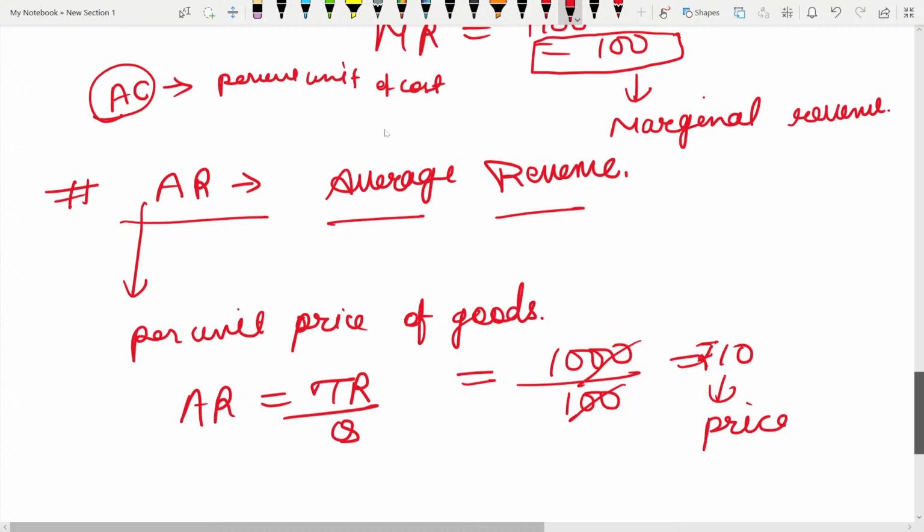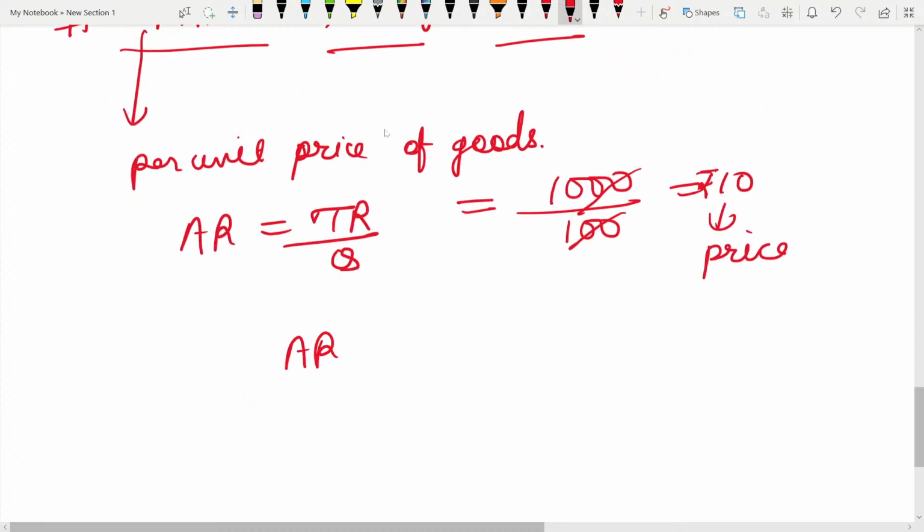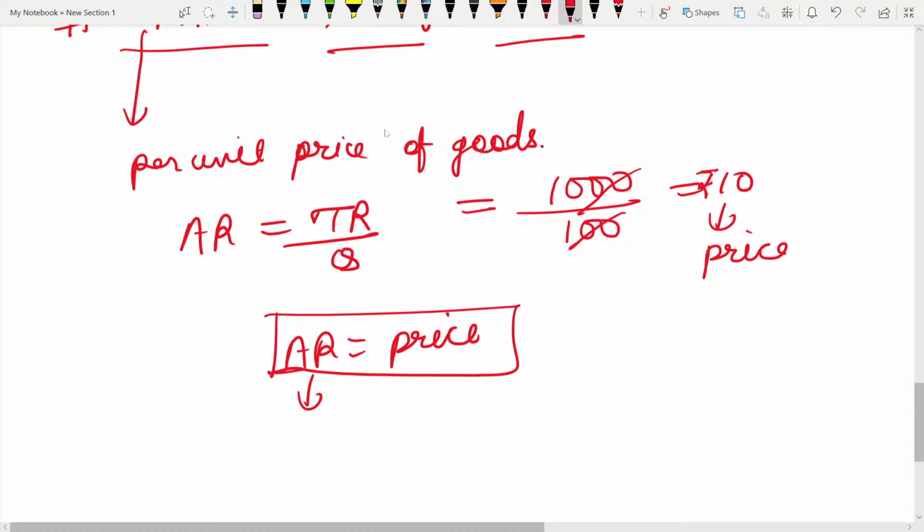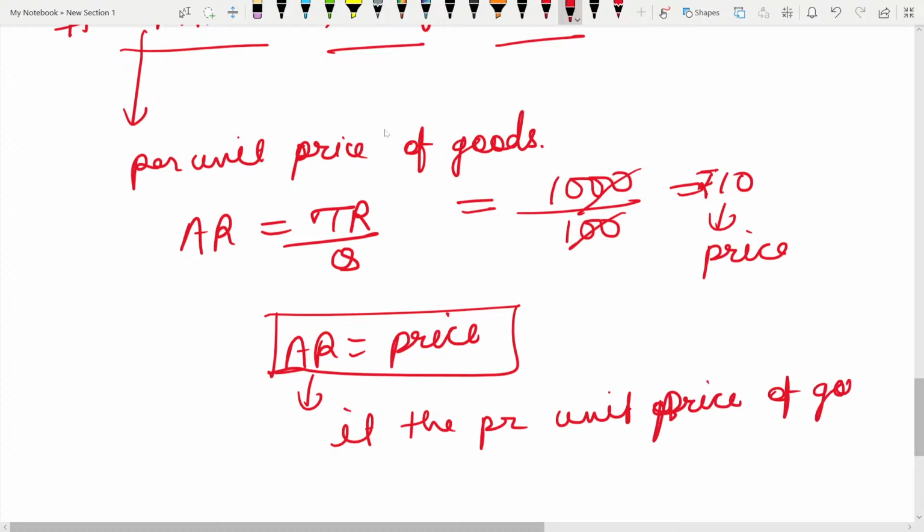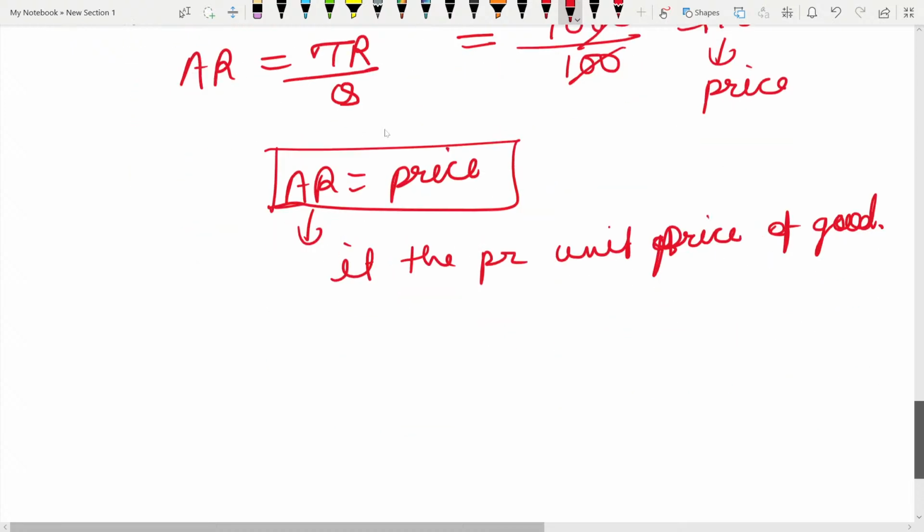So we can also say that average revenue is just equal to price. Therefore, in the definition we say that it is the per unit price of goods.